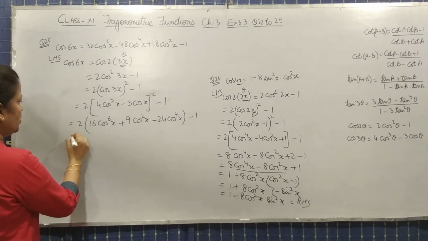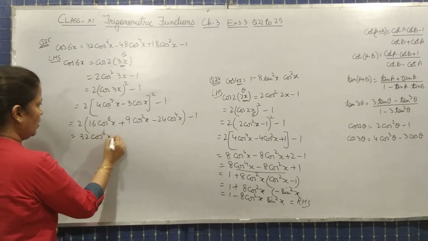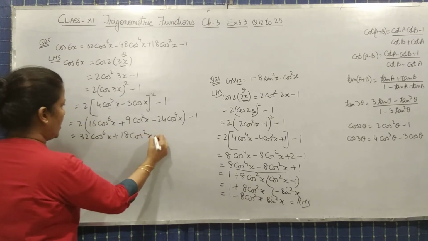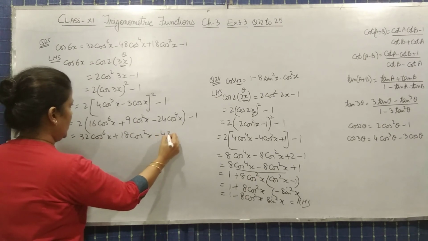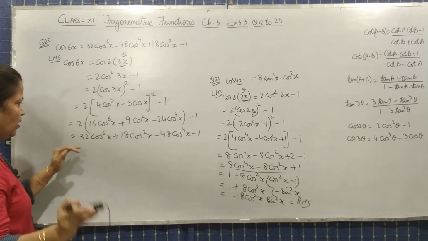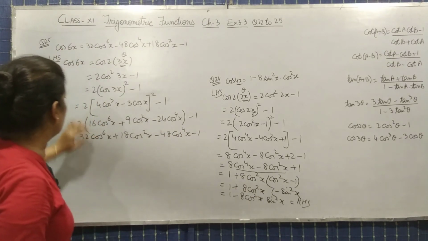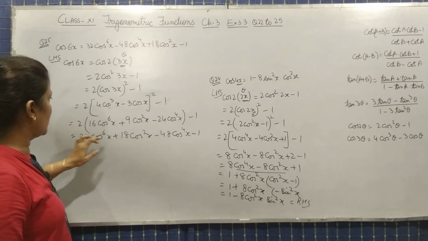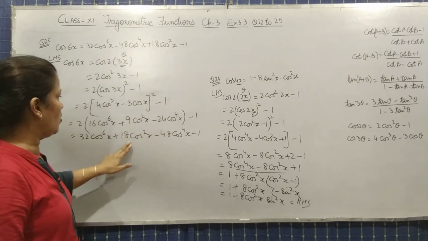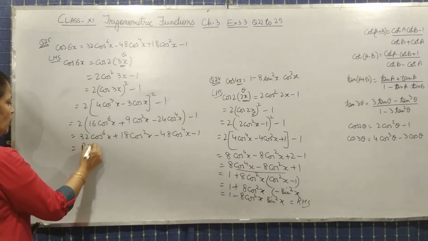Now open it, multiply it: 32 cos 6x plus 18 cos square x minus 48 cos 4x minus 1. Let's look at the result. Have we got the same one or not? 32 cos 6x, then minus 48 cos 4x, 18 cos square x and minus 1. So this is equal to the RHS.